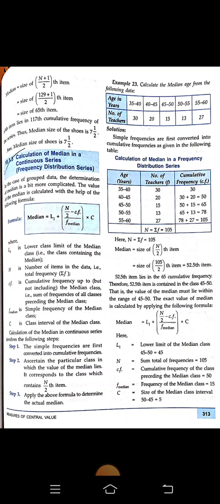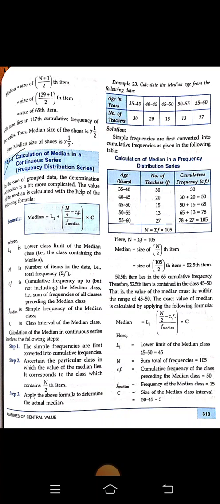Median = L + ((n/2 - CF) / f median) × C. What is n? n is the number of items of the data, that is the total frequency, and CF is the cumulative frequency up to the median class, and f median is the simple frequency of the median class, and C is the class interval.